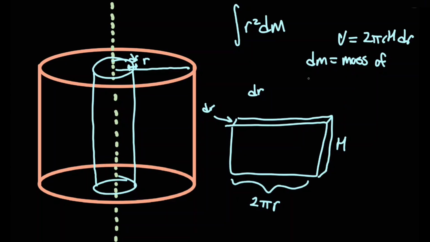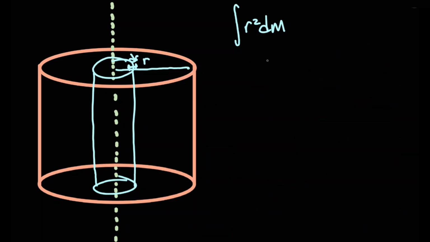And we can find this pretty easily. We'll just state arbitrarily we have some density, p, and then times the volume, and that'll give us density times 2 pi r h dr. And this is a value you want to keep in mind.